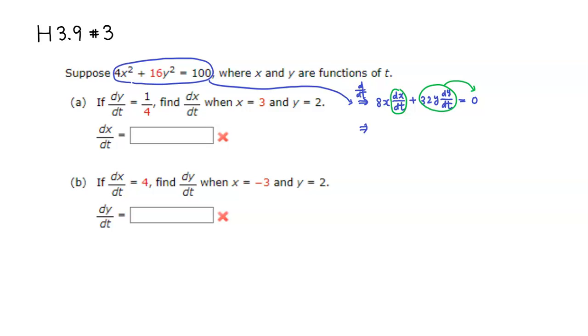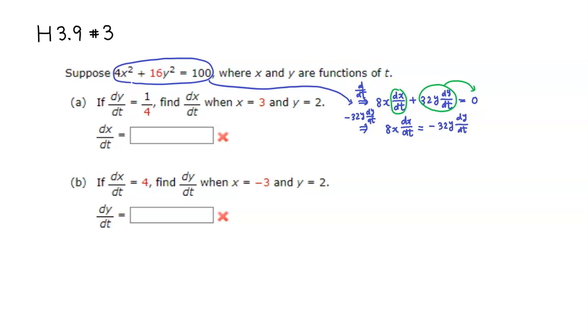So we can just subtract 32y dy over dt. You have 8x dx over dt is equal to negative 32y dy over dt.